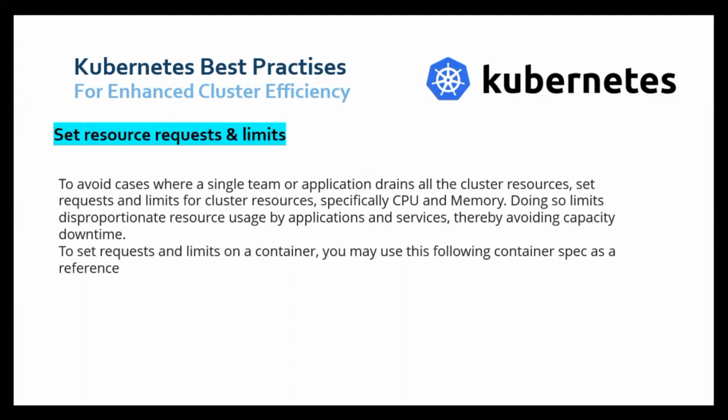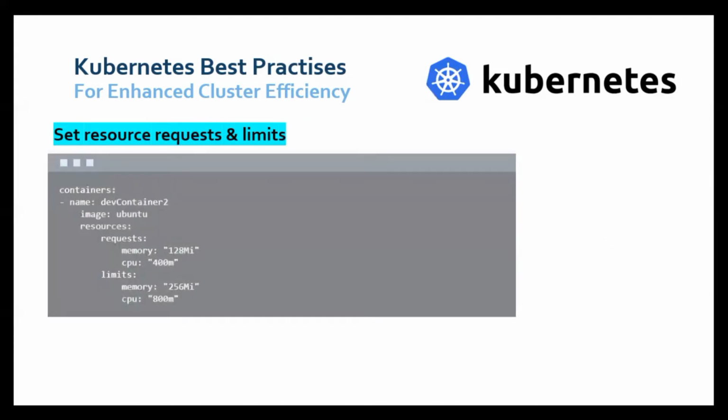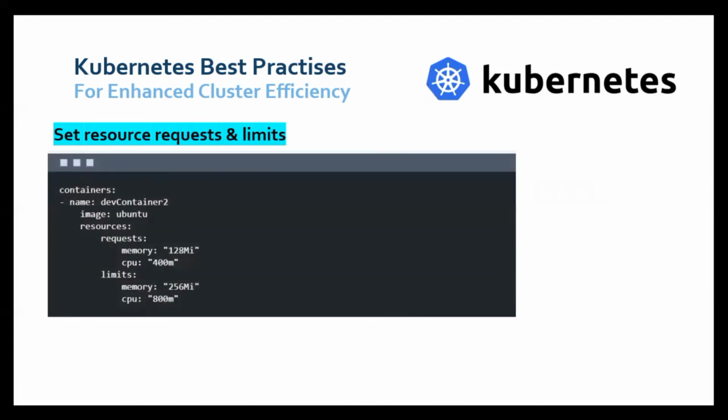To set the request and limit on a container, let me show the object YML, how you can set these resource requests and limits. Here you can see we have a resources section. In that we mention requests and limits. In requests we are mentioning that the particular pod is able to request 128 Mi, that is 128 MB, and CPU 400 m, that is 0.4 core of CPU.